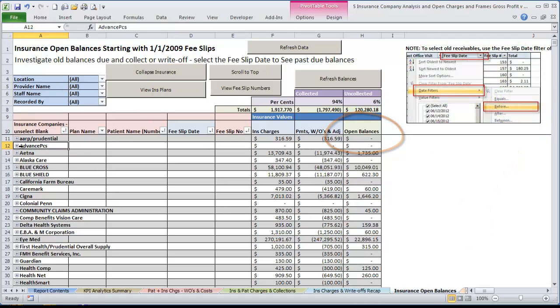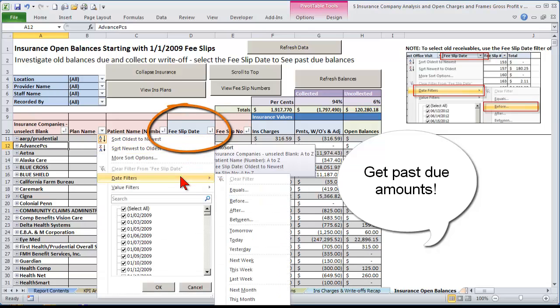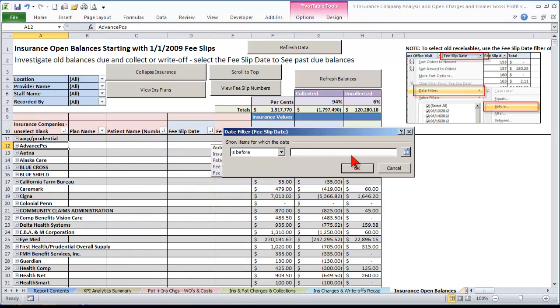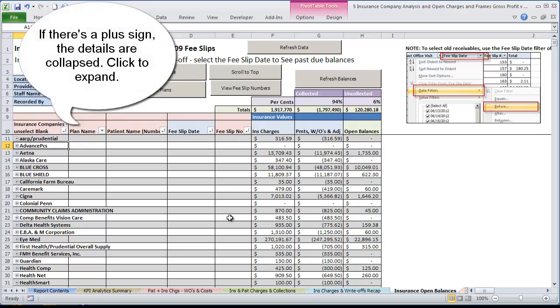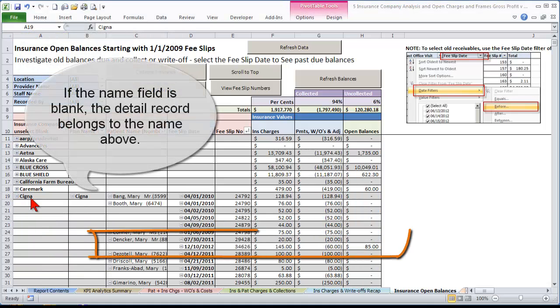To get past two amounts, click the fee slip date, select date filter, before, and select 3 months before you think it takes to collect 100% of your insurance balances. After selecting the company, the details show patient name, fee slip number, and the open balance.